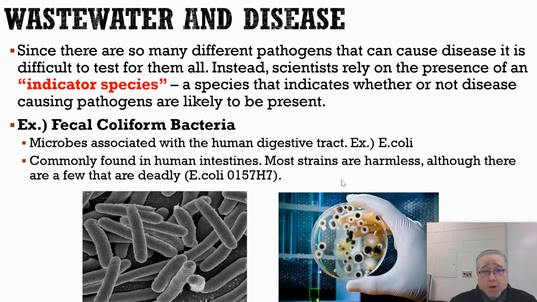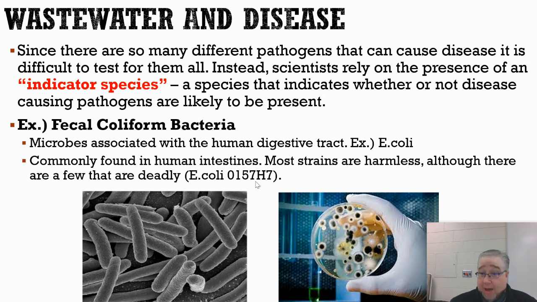Now, the reason why we test water for the presence of those things is because if those are in our drinking water, then there's a pretty good indication that our drinking water is contaminated with animal waste of some type, whether it be humans or cows or pigs or whatever. Most of these fecal coliform bacteria are harmless strains of bacteria. There are some, though, that are deadly. Things like E. coli O157:H7.